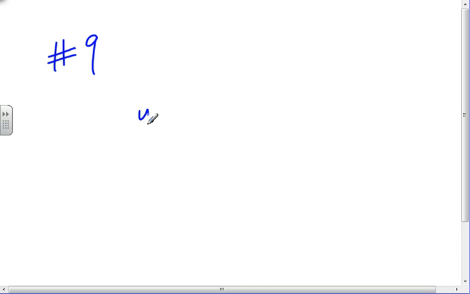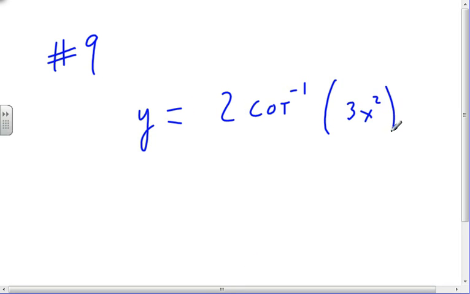y is equal to the arccotangent of 3x squared. Okay, so y prime, and I've got a minus sign, and I've got a 1 over the absolute value of 3x squared.